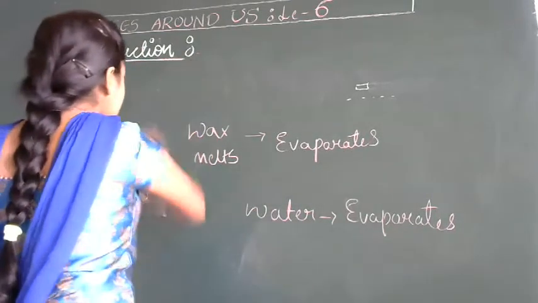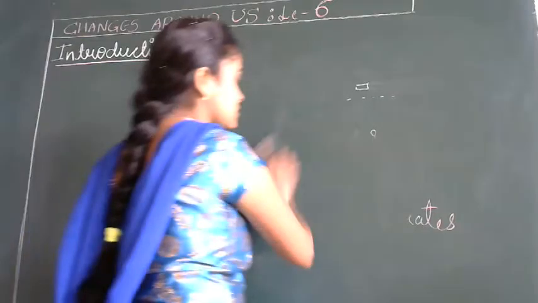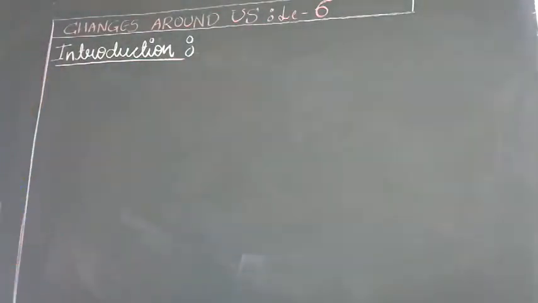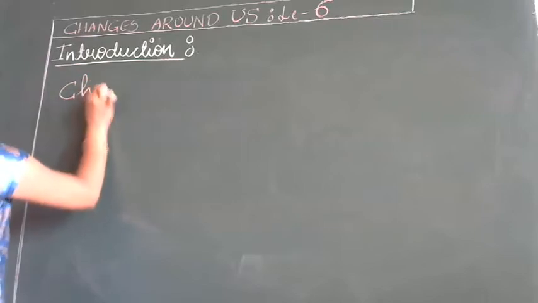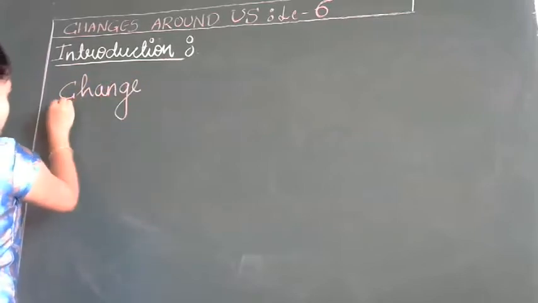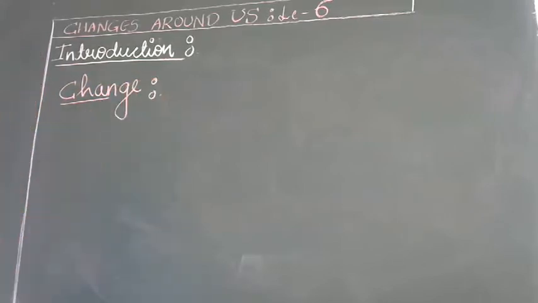Now what is a change? How can you define the change? Yes, so we will see what the change is. Change means what then? Write the definition of this change on the board.